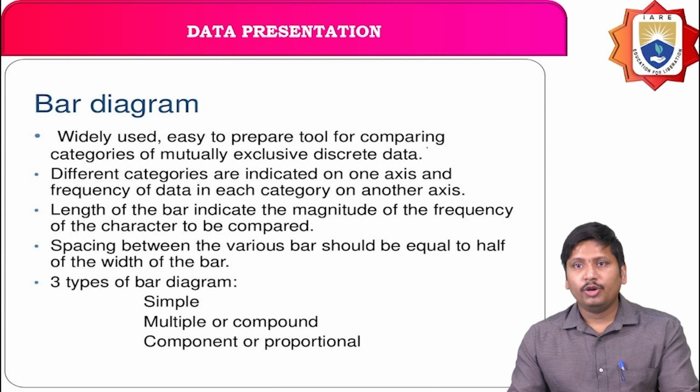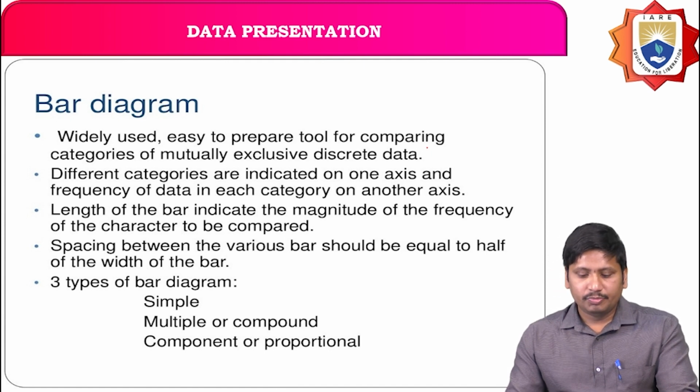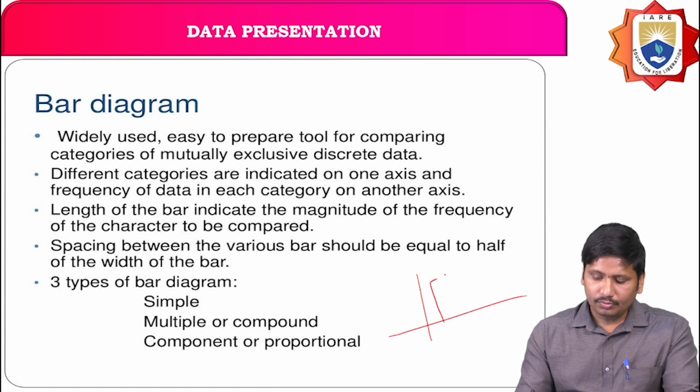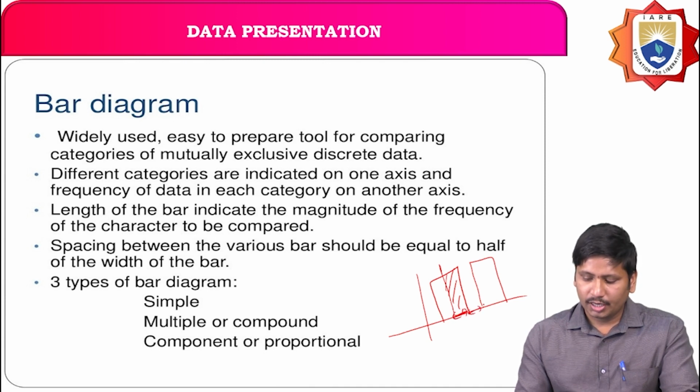The length of the bar indicates the magnitude of the frequency of the character to be compared. The spacing between the various bars should be equal to half of the width of the bar. This should be maintained from one bar to another bar.